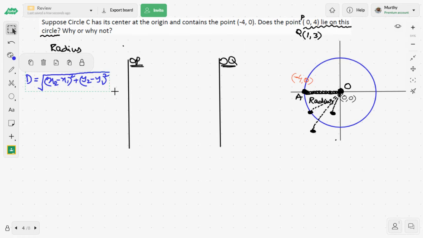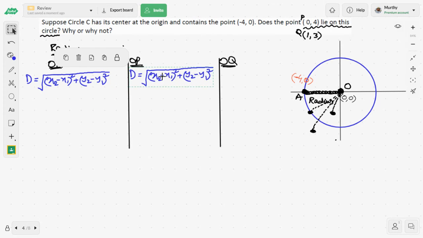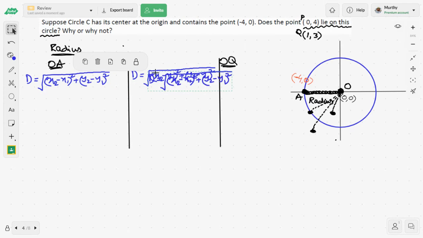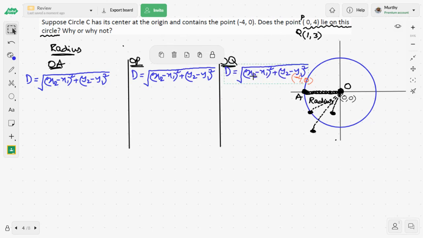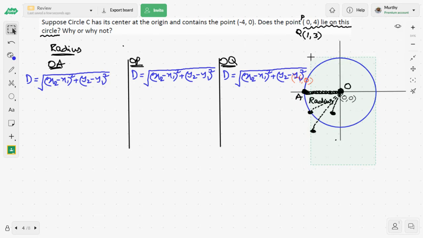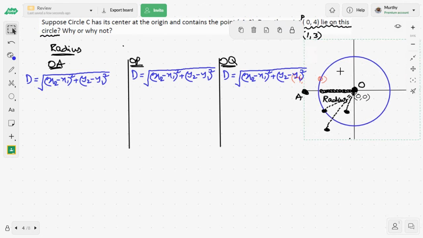Let me copy the same formula here, because we are going to compute it 3 times. Again, it's overlapped, so let me move this a little.